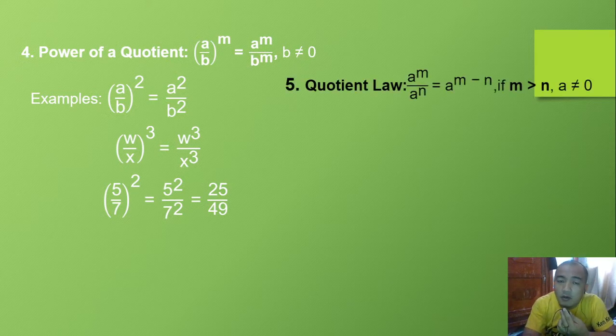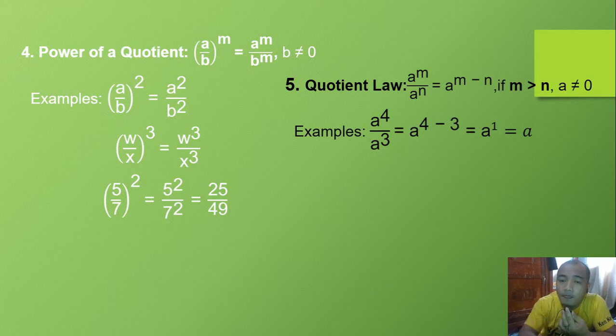We have another law here, the quotient law. If we divide two numbers with the same base, you subtract their exponents. Example, a to the fourth over a cubed means a raised to the first power, or simply a. Any number or variable raised to 1 is simply the number or variable.